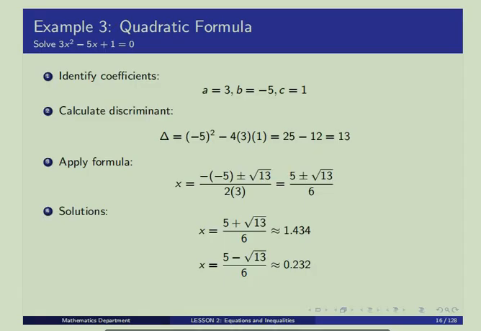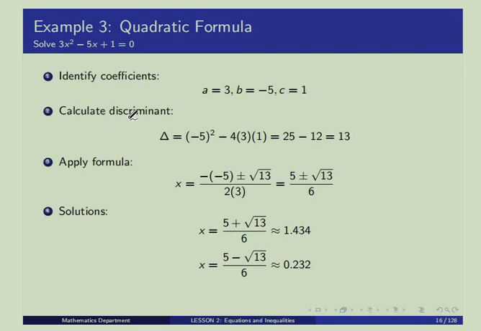Alright, so let's go through an example, using the quadratic formula. We want to solve this equation and identify the coefficients: a is equal to 3, b is equal to minus 5. Common mistake: most students will leave out the sign there, especially when it's a minus. So the signs are very important, and c is equal to 1.